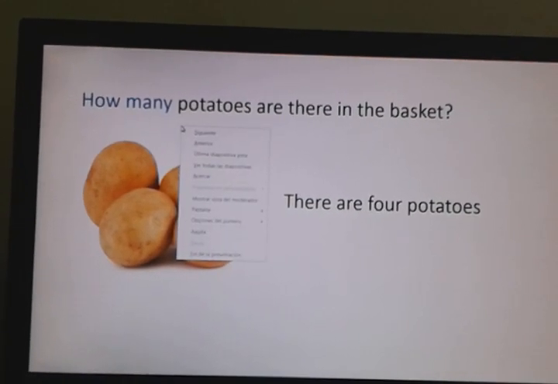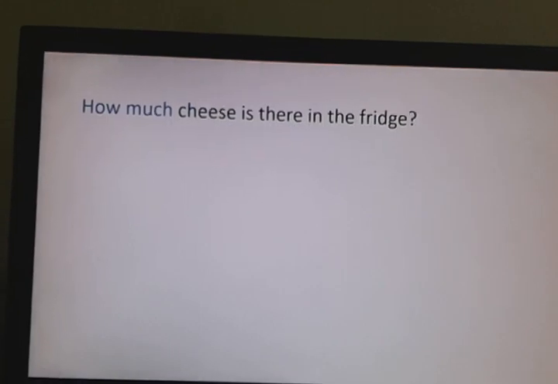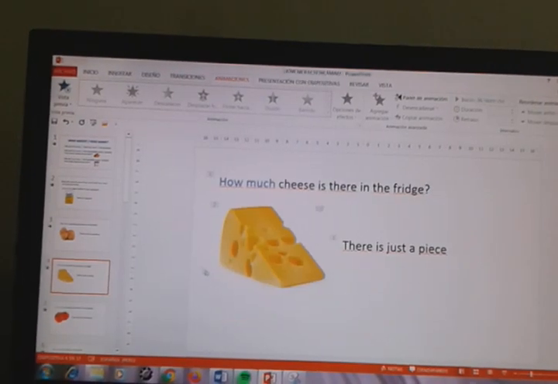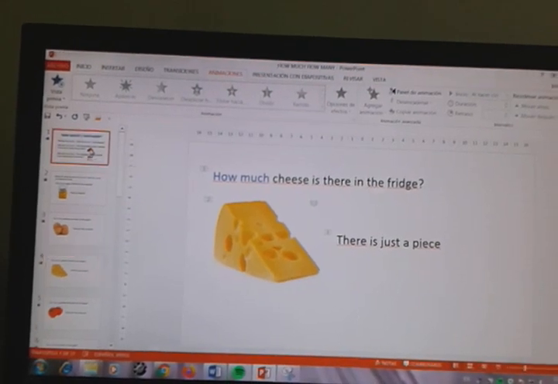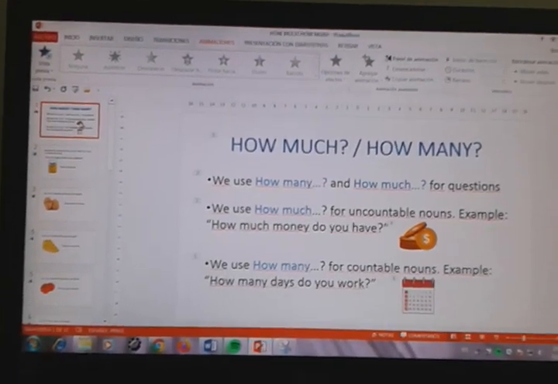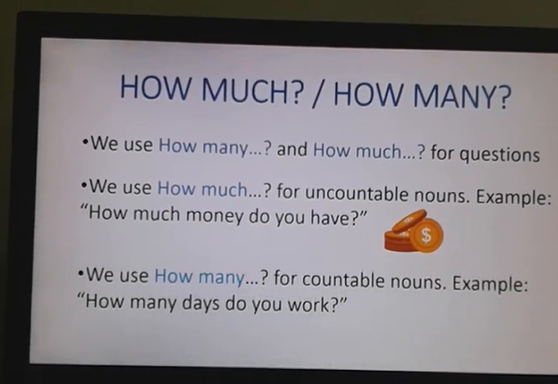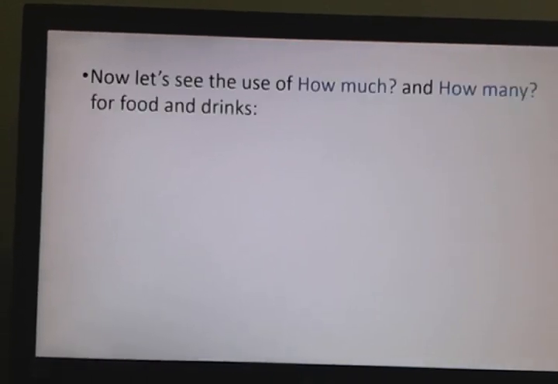Okay, what's the meaning of that? Okay, let's see again. So remember the use of how much and how many.